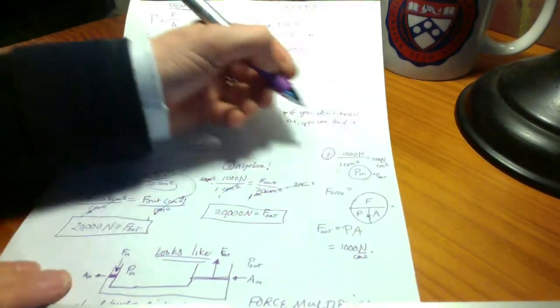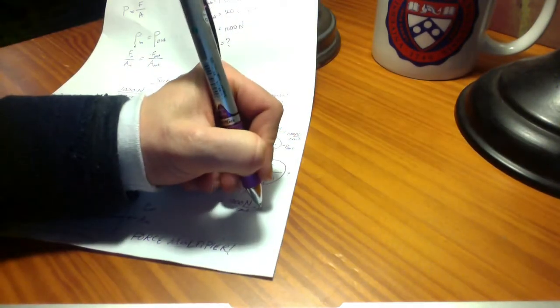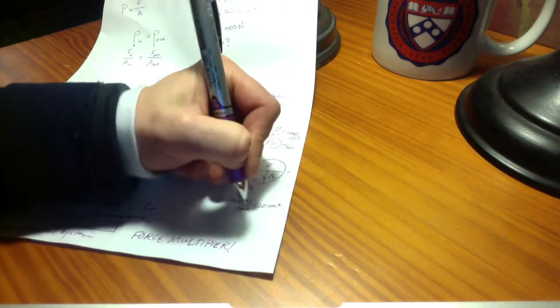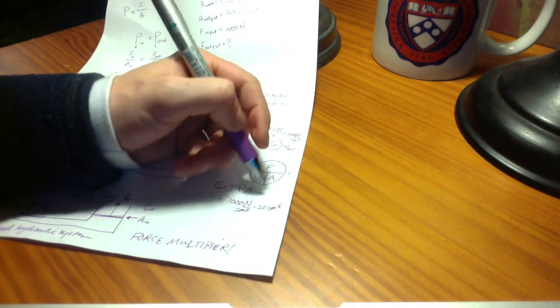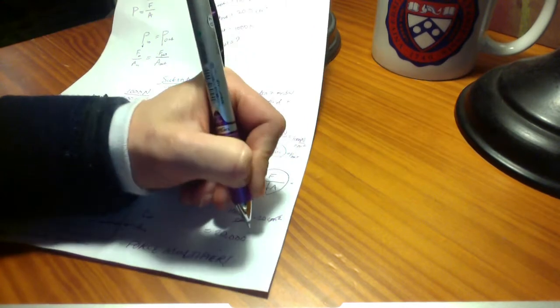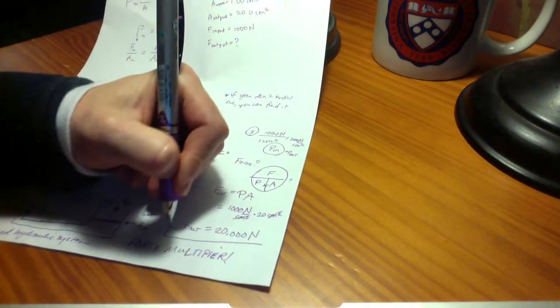And I will multiply that by my 20 centimeters squared. Again, we have centimeter divided by a centimeter. That becomes 1. 1,000 times 20 is equal to 20,000. I am left with newtons once more. That is the third way you can get your exact same answer.